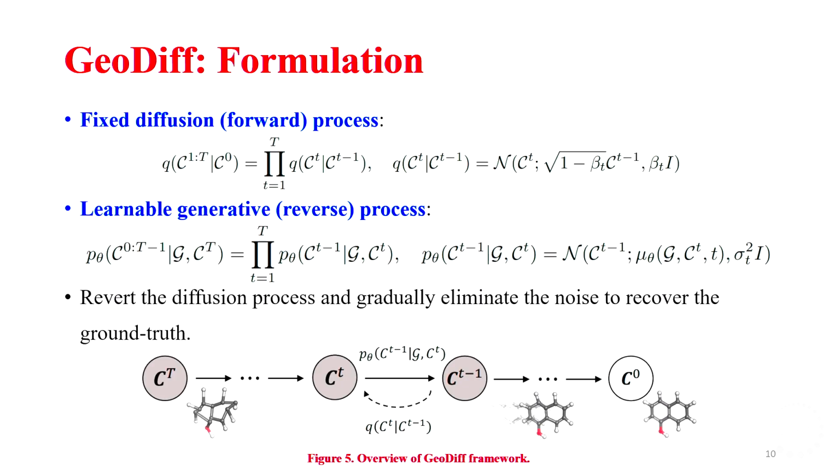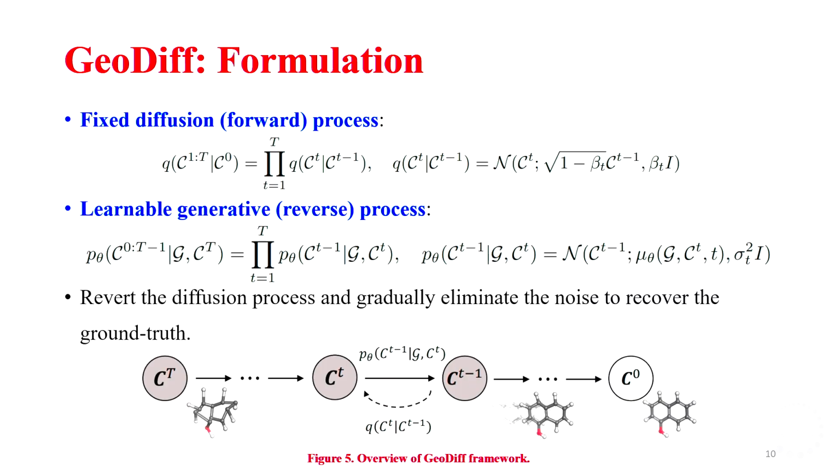I apologize for the math. We have the forward process. As you can see, it's simply a Gaussian kernel. And you'll see we have this beta, which is basically the step size. Initially, we want to add a little amount of noise, and later on, we want to add a lot of noise to get closer to the noise distribution.